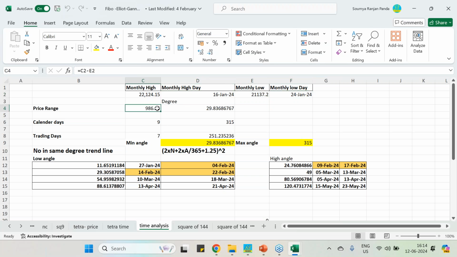Then there is the price range it has made. Then everything is converted to degrees. Then the lowest and highest degrees are filtered out. Using the degrees and the same trend line, it is calculated. Then addition happens from the low formation day and high formation day, and this trend change date has come. That is only for 1 month; next month, new data, new trend change.